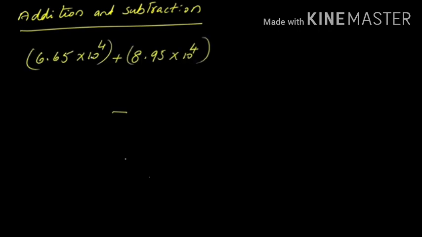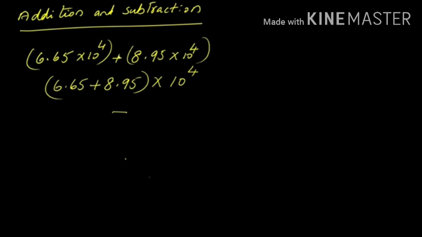6.65 into 10 raised to 4 plus 8.95 into 10 raised to 4. Here the exponents are the same itself. So since in the question itself the exponents are the same, what we need to do is, just like how we did the multiplication and division, add the digits together, 6.65 plus 8.95, and keep that 10 to the power of 4 as the common factor.